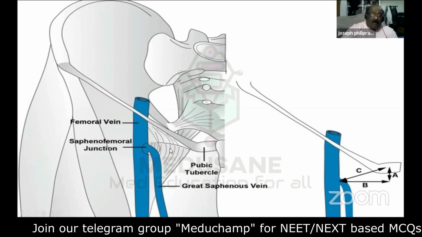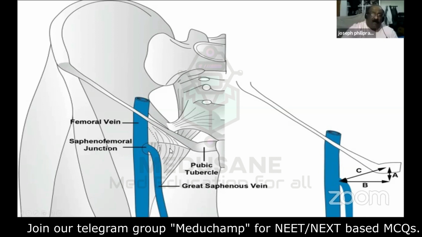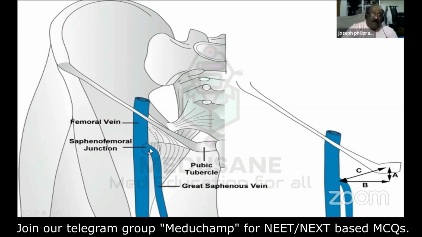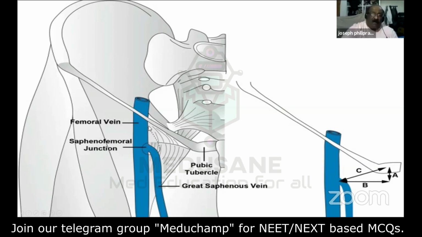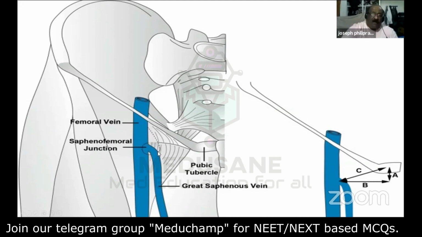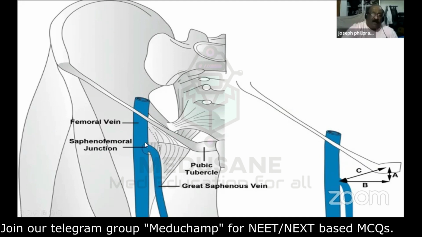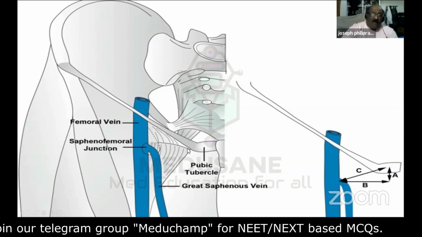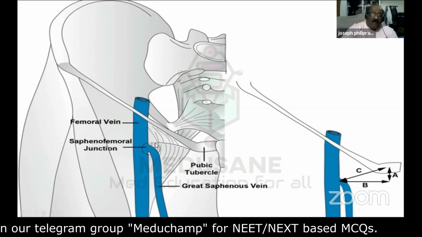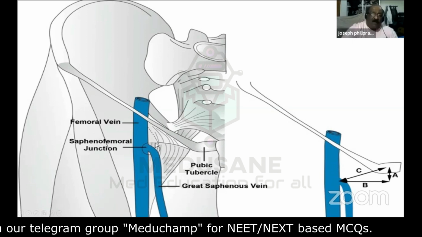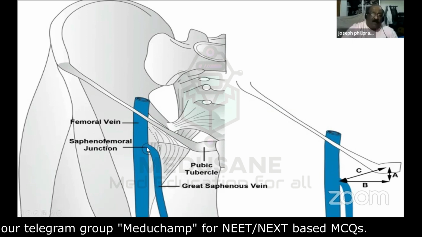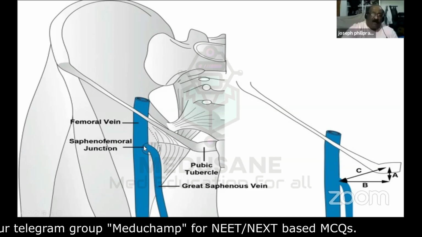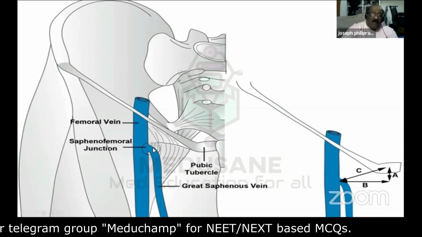And this you must remember, it is below the inguinal ligament and it opens into the femoral vein below the deep fascia at the fossa ovalis or saphenous opening, and it is 2.5 centimeters to 4 centimeters lateral and below the pubic tubercle. And when you occlude here, when you make the patient lie down, empty the vein and apply pressure over this region and ask him to stand.